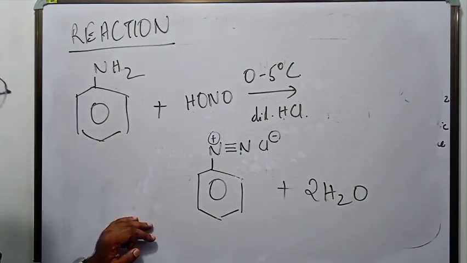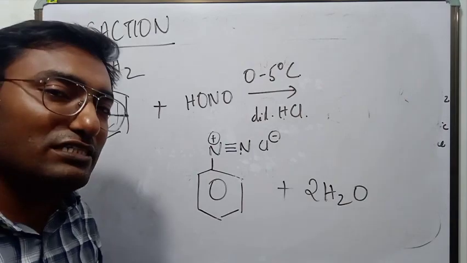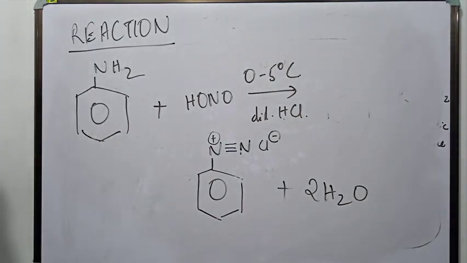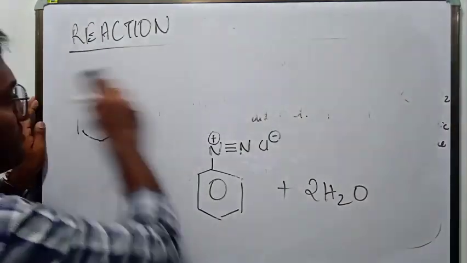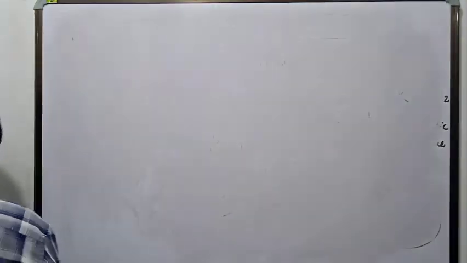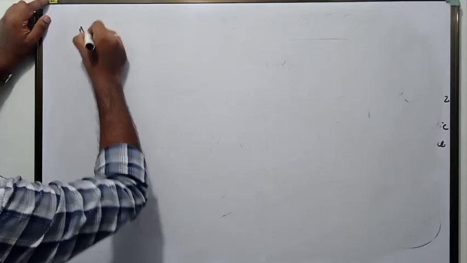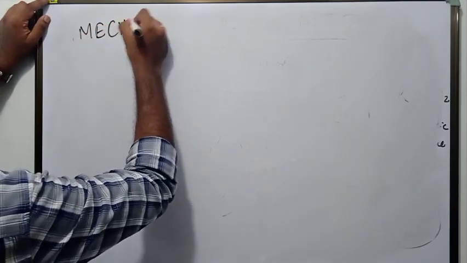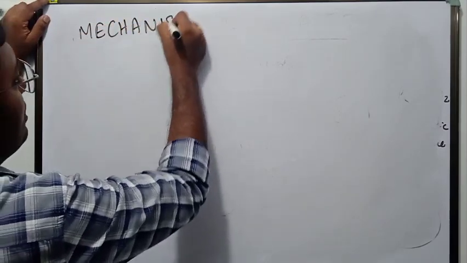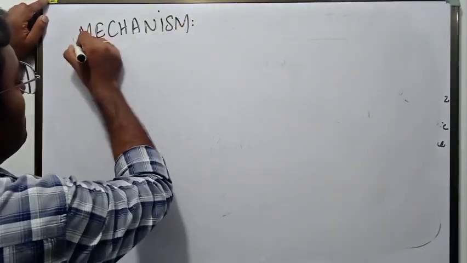Let us now look into the mechanism of the diazotization reaction. Dear students, there are 4 steps in the mechanism.